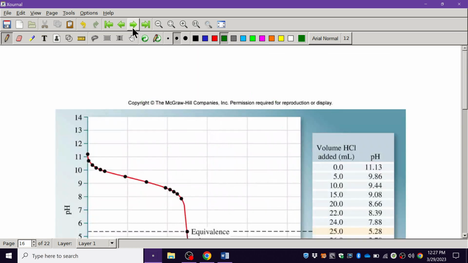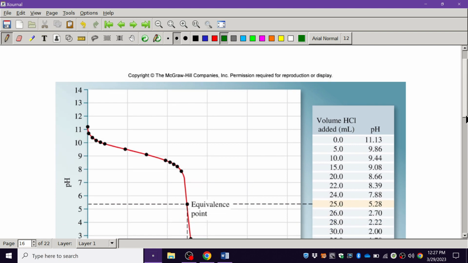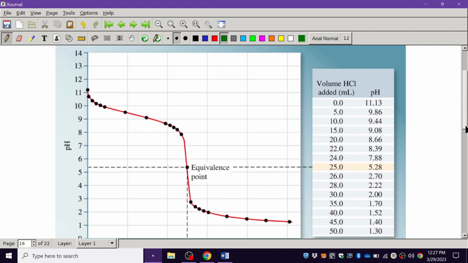So again, here's the titration curve. And what you could think about with this is because the Ka of acetic acid and the Kb of ammonia are almost exactly the same, depending on where you look. Some books say 1.7 times 10 to the negative fifth for acetic acid, 1.8 times 10 to the negative fifth for the Kb for ammonia. Some other books say they're both 1.8 times 10 to the negative fifth.